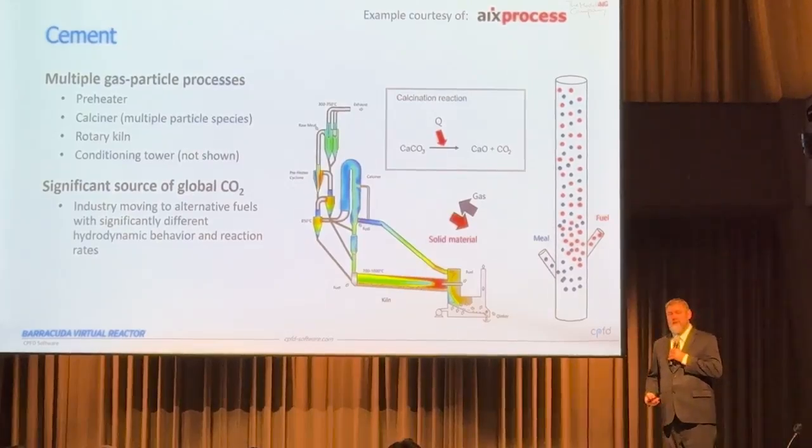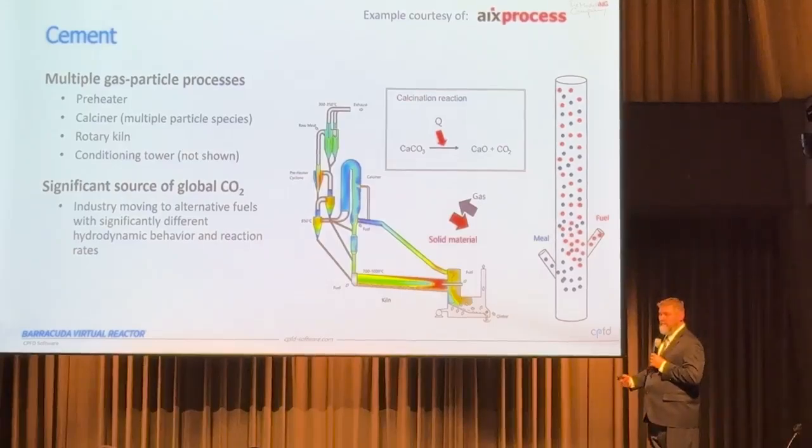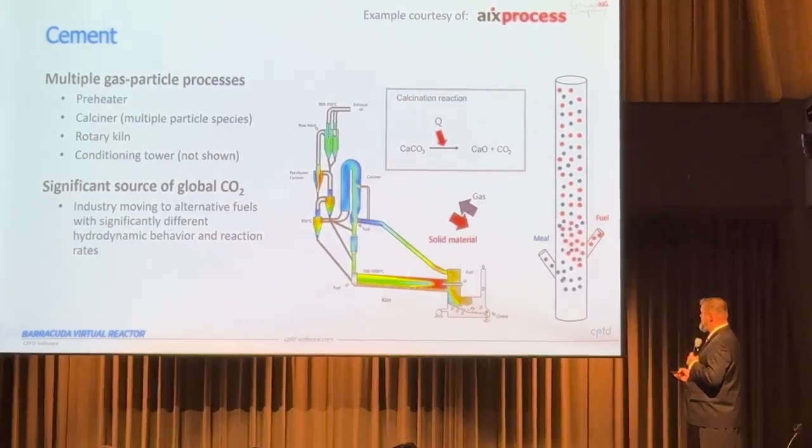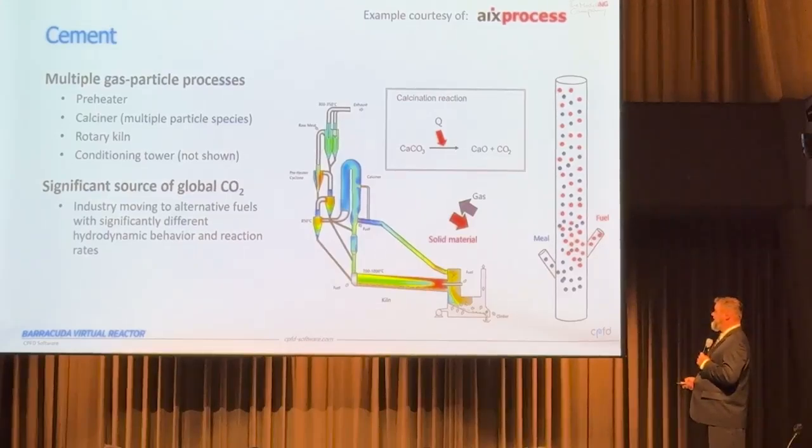Historically, that has been done with coal combustion. So reducing a lot of that with alternative fuels is of interest. But if you look at the reaction, guess what comes out? CO2. So you're not going to get rid of all of it. But there's a lot of interest here in that. It is a significant source.